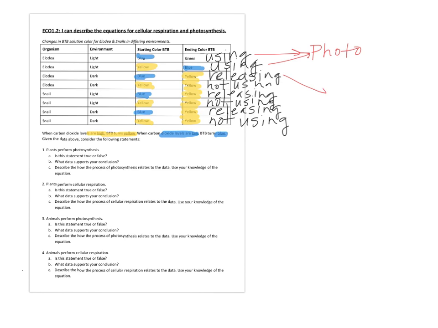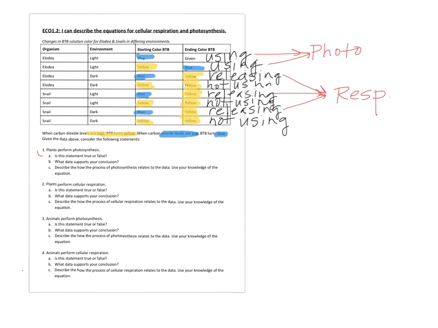Anything that's releasing CO2, those are indicators of respiration, right? Because photosynthesis uses carbon dioxide as a reactant. Respiration releases carbon dioxide as a product. Now we're ready to go through and answer some of the questions.